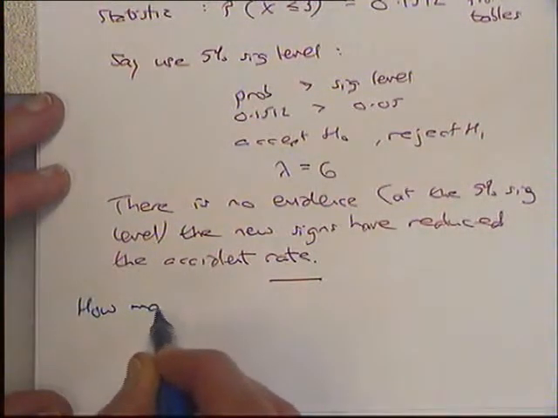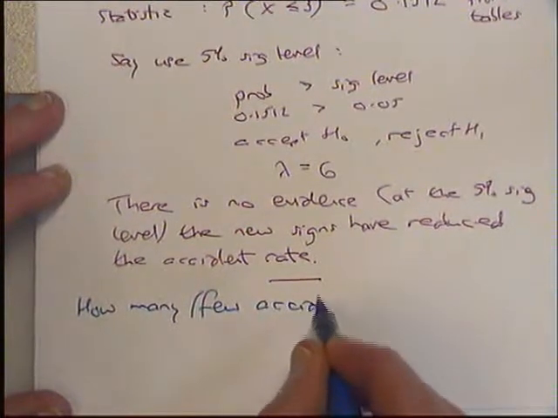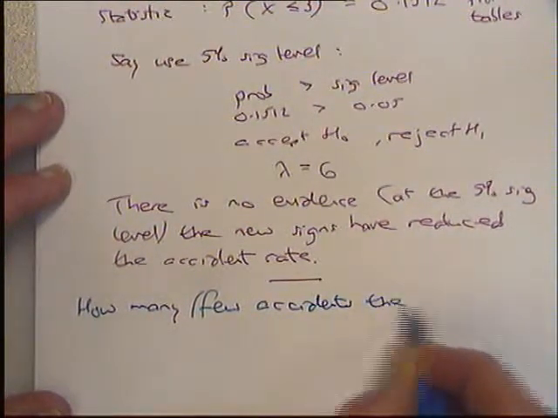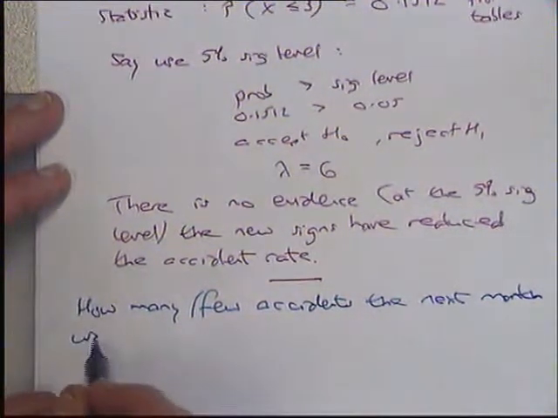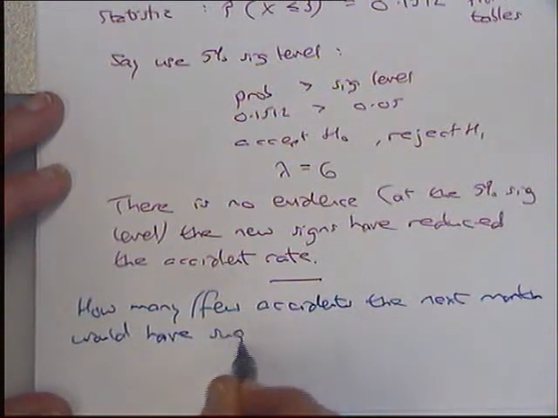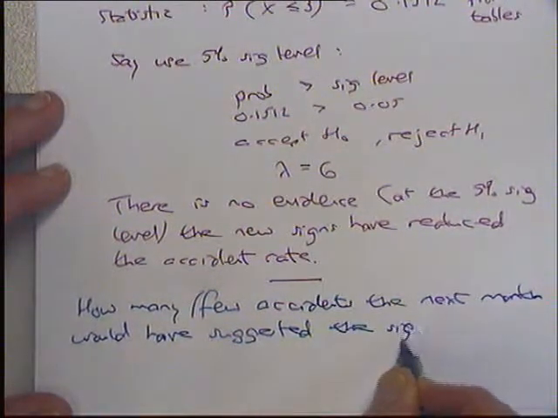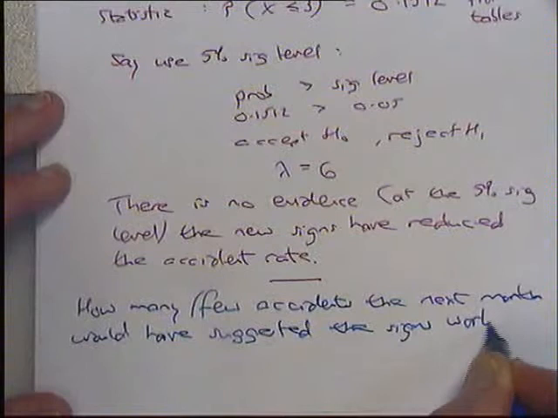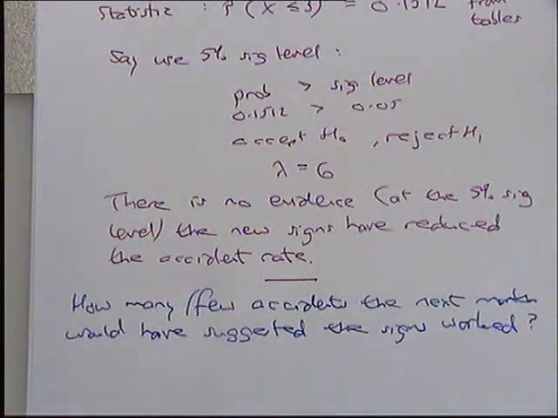How many, or should we say how few might be a better word, how few accidents in the next month would have suggested the signs worked? It's not the best sentence, but I think we know what's going on. Basically, how many accidents would have had to have fallen to convince us at the 5% significance level?